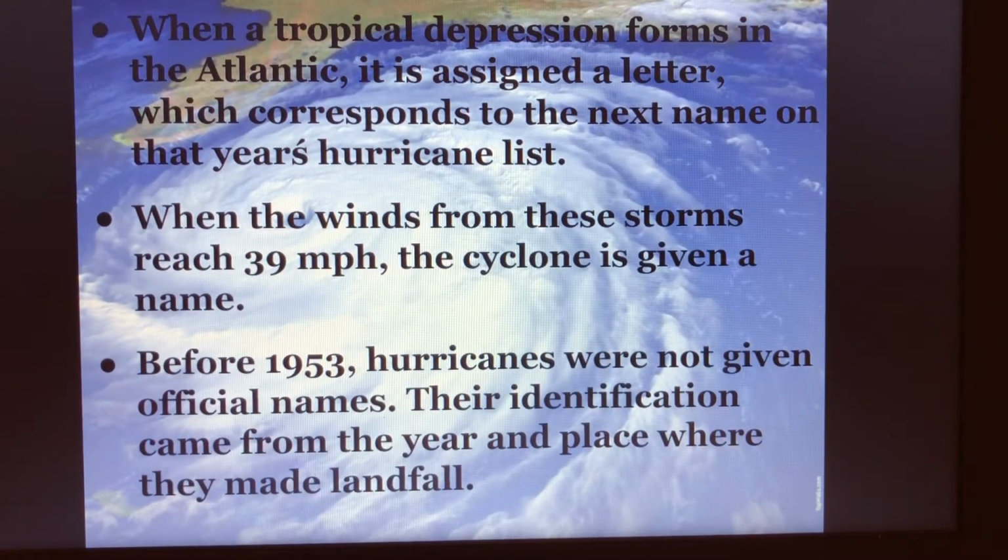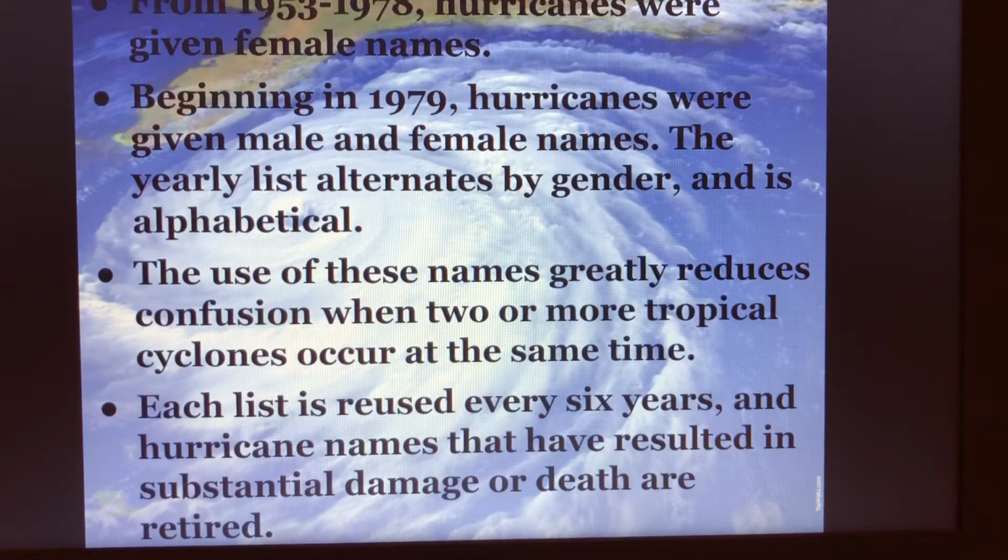Now, for names, tropical depressions get a letter when they're first formed, and it corresponds to the name on that year's hurricane list. Now, when the winds from the storms get to 39 miles an hour, the cyclone gets a name. Before 1953, hurricanes weren't given any official names. Their identification came from the year and the place where they made landfall, but that was really confusing.